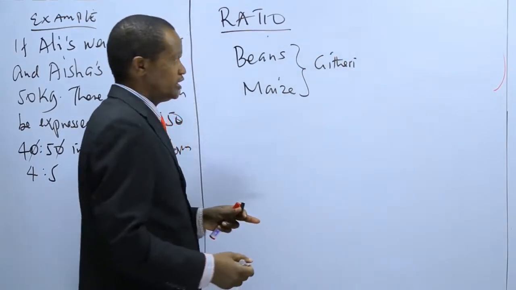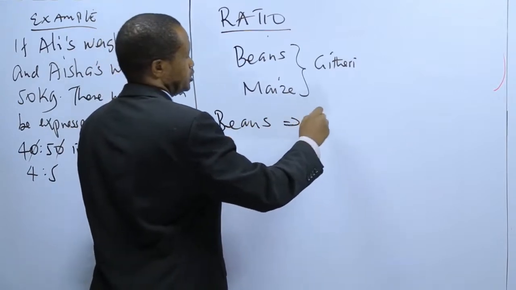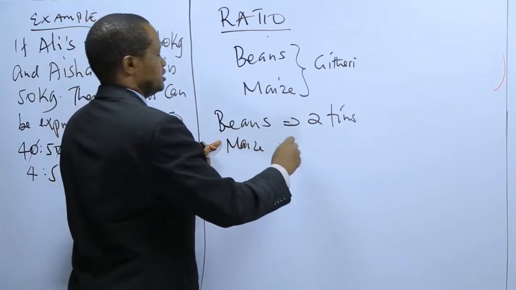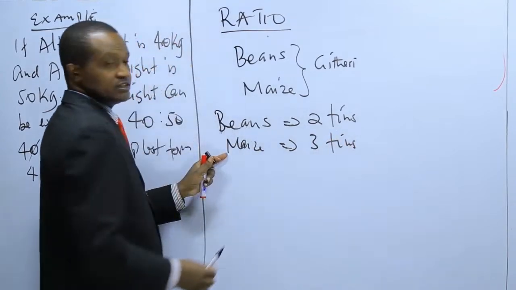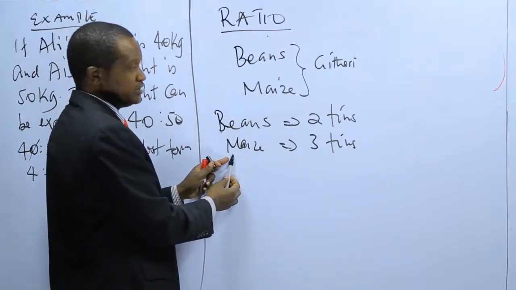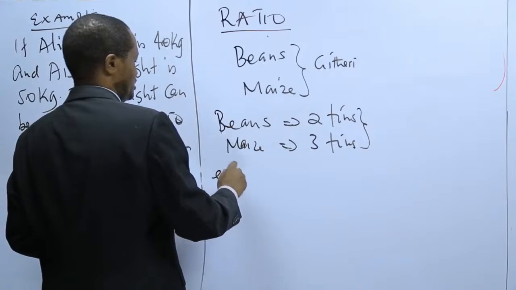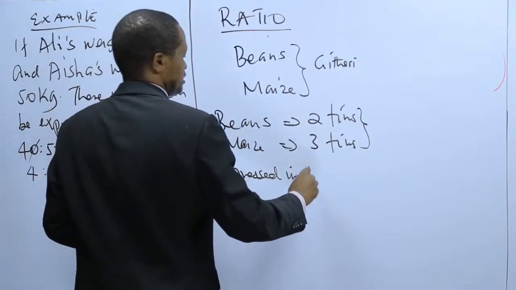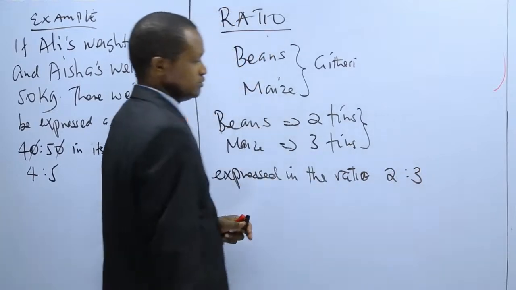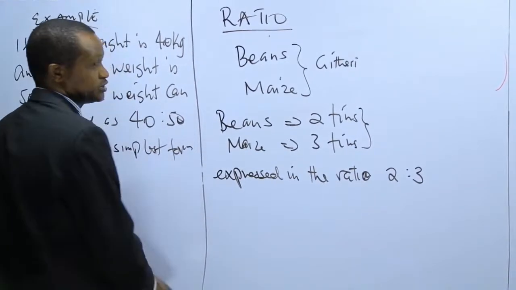If you are to cook githeri comprising of, say, 2 tins of beans and 3 tins of maize, then these quantities can be expressed in the ratio 2 to 3. So these are examples of ratios.